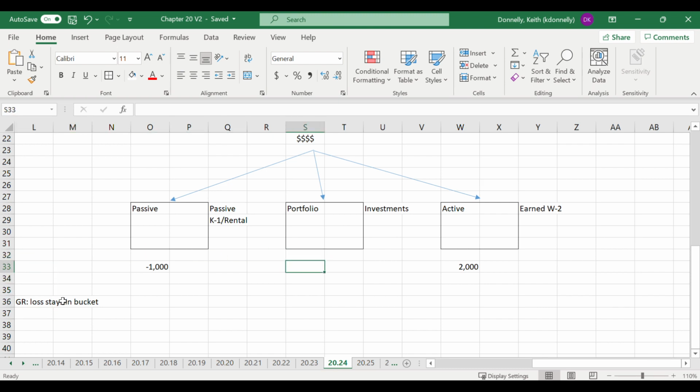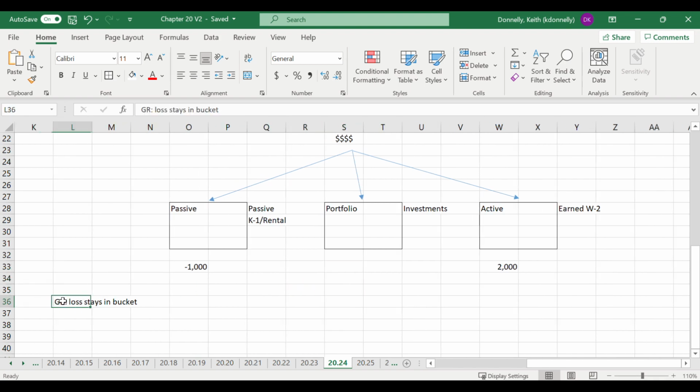Now, some of the things, right? So one of the exceptions, and I guess we could kind of do a thing here, would be for portfolio. Net cap losses can offset 3K, right? That's one exception where you can take loss from here to offset active income.